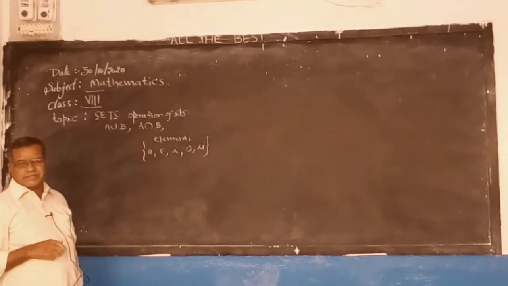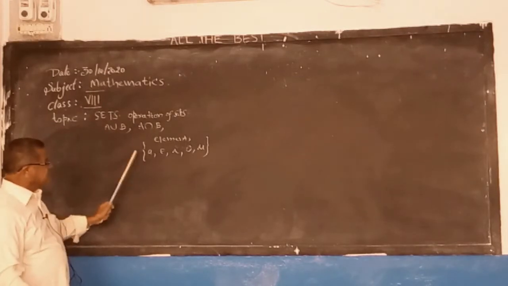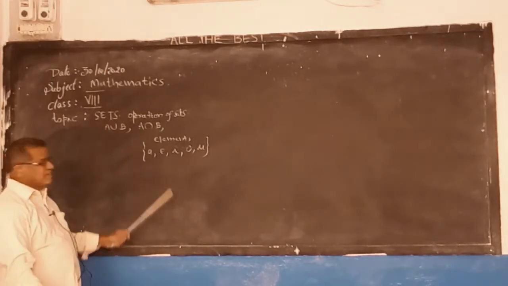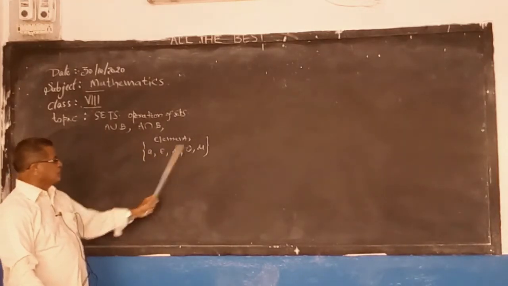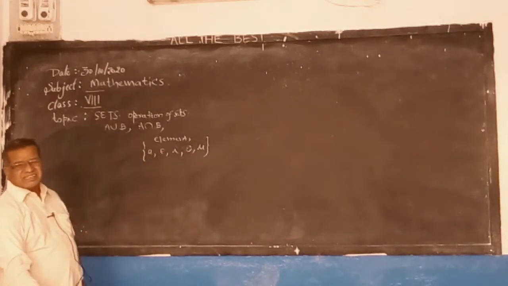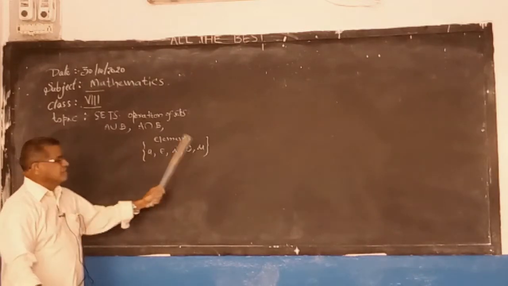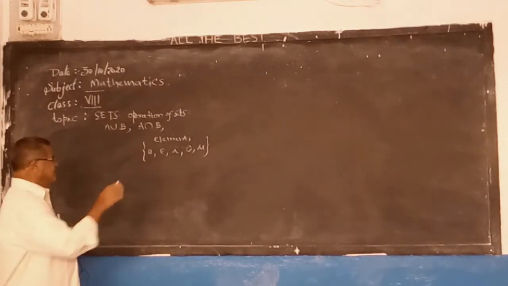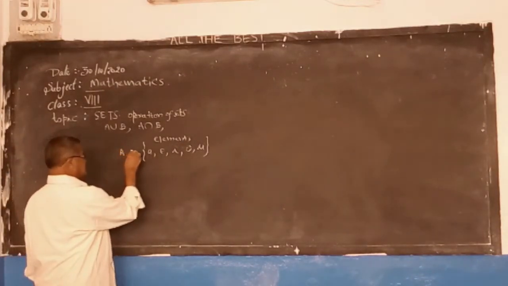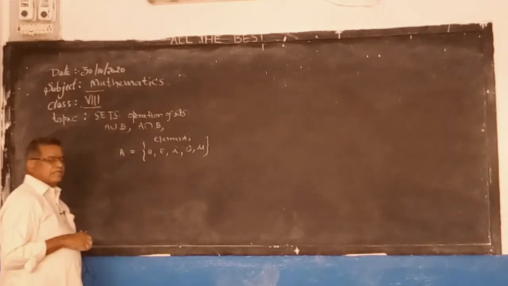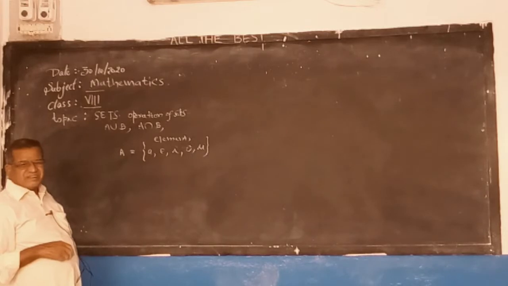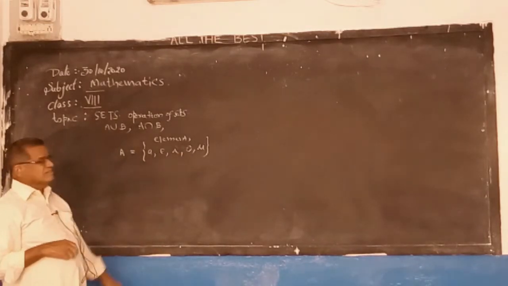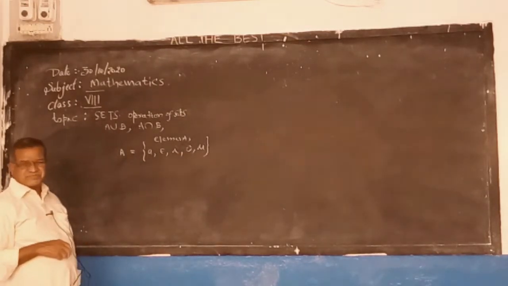I already explained, sets can be written by keeping each element with commas and enclosed within curly brackets. Then only we say it is a set, named with capital letters, capital A, capital B, capital C, like that. So this is the way of writing a set.